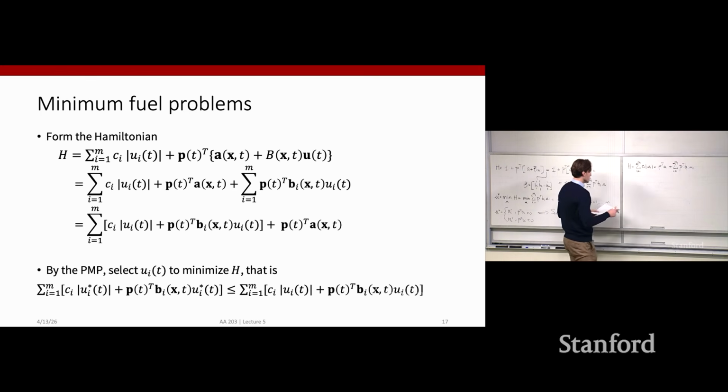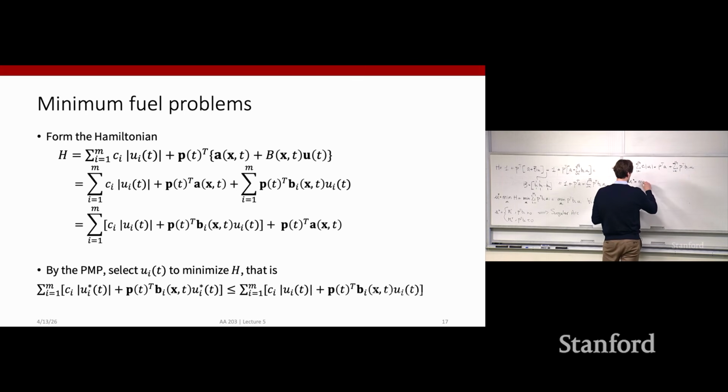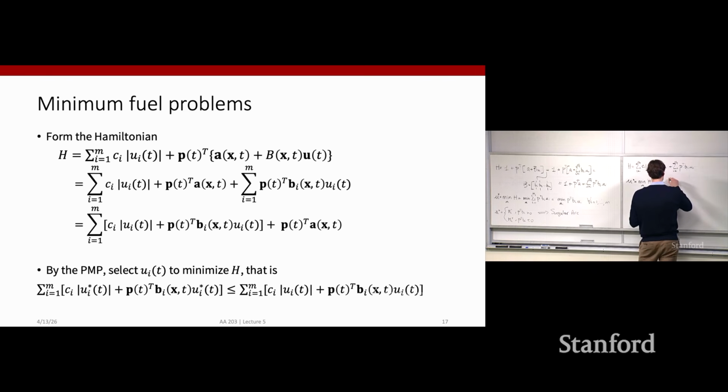Okay. So now we want to enforce our optimality condition such that the U has to be a minimizer of the Hamiltonian. And again, in this case, the only terms that depend on U are the first and the third. And so this boils down to taking the minimum over U of the sum that goes from 1 to m of Ci times the absolute value of Ui plus P transpose Bi Ui.